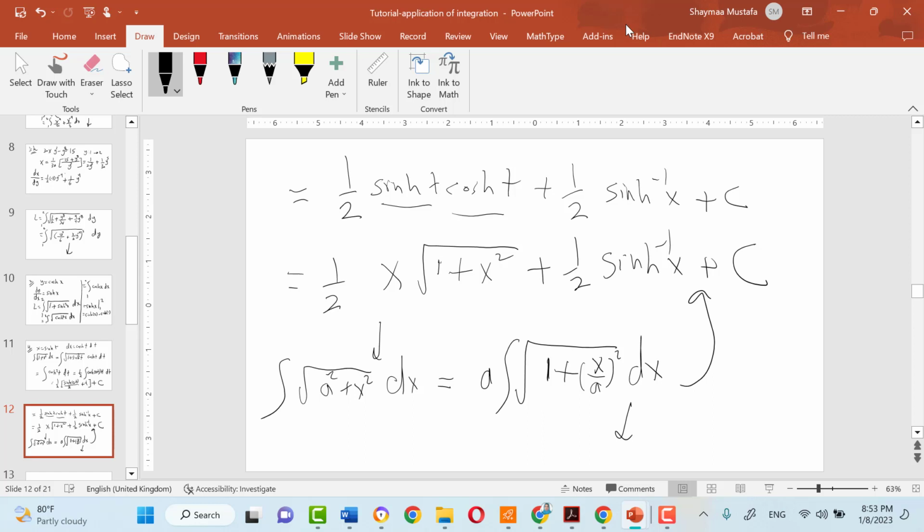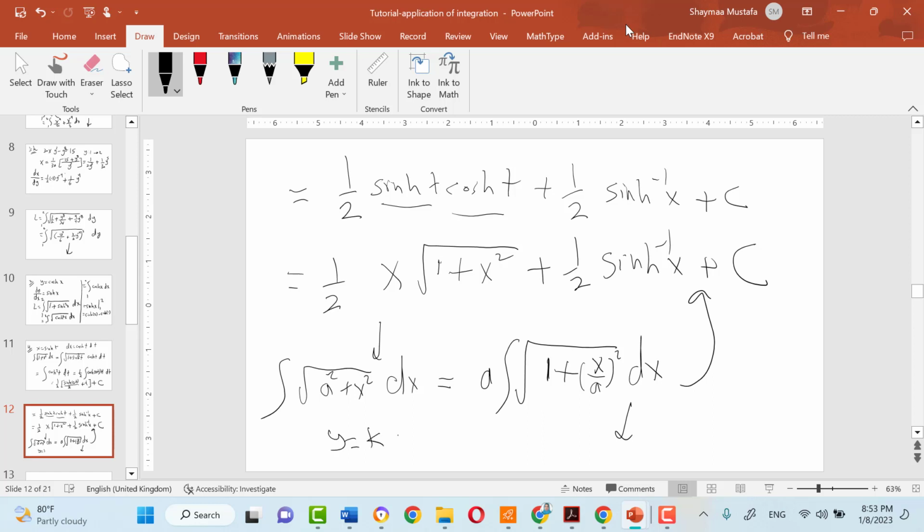And then you need to use this one to find the arc length of the parabola y is kx squared, from x from 0 until x equals 1 over k. Here you need to find dy over dx and apply the formula.